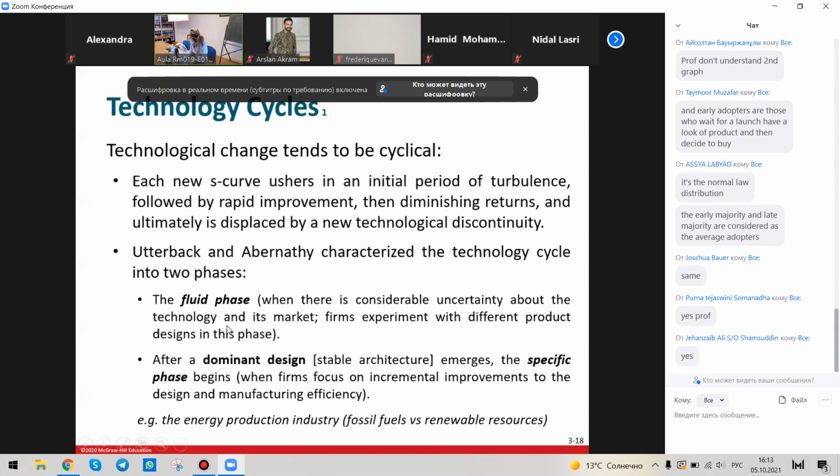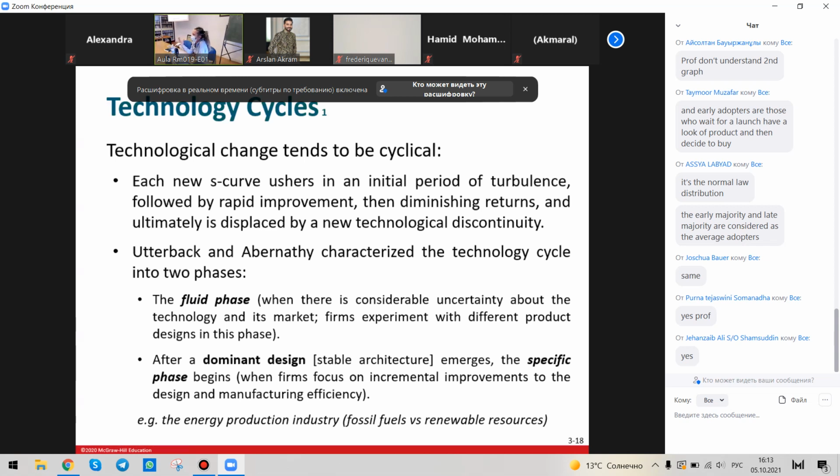So the fluid phase is when we have uncertainty in the market, discontinuity, so a new technology that is introduced, and experimentation, which means the exploration by firms of different alternatives in a specific innovation. So what are the different possible solutions that can help organizations to overcome this fluid phase?